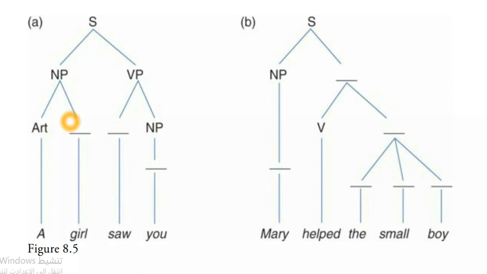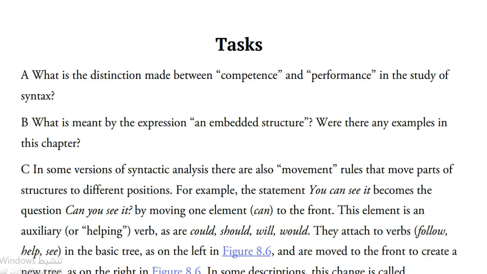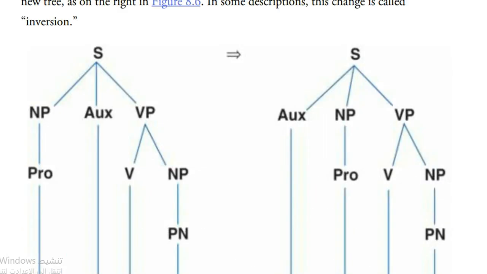Here we have missing words: here we have article, here we have noun, here we have verb, and here we have pronoun. That's a question you could practice at home. Okay, fine. So we have a task here.